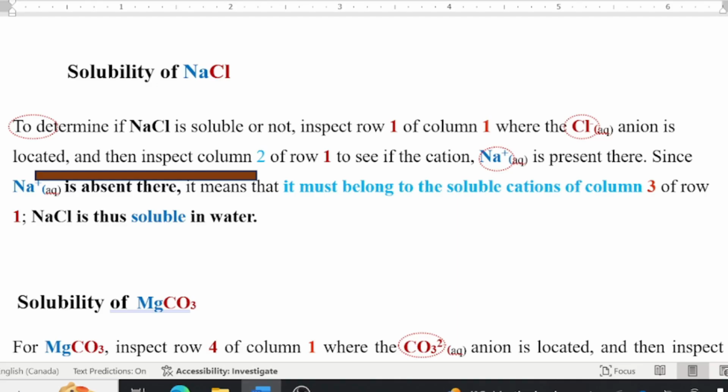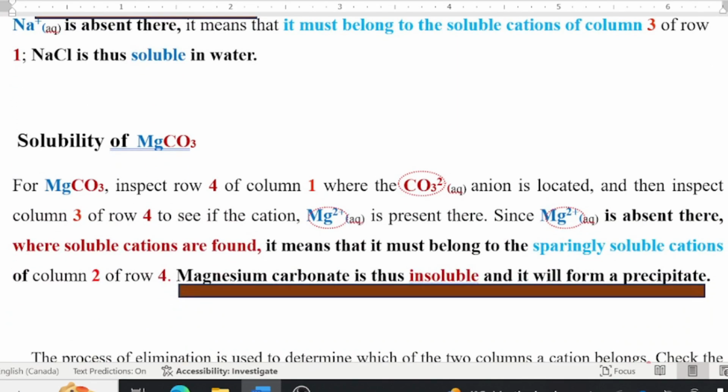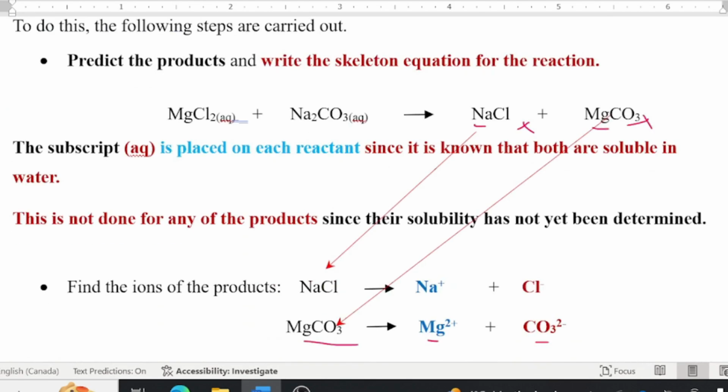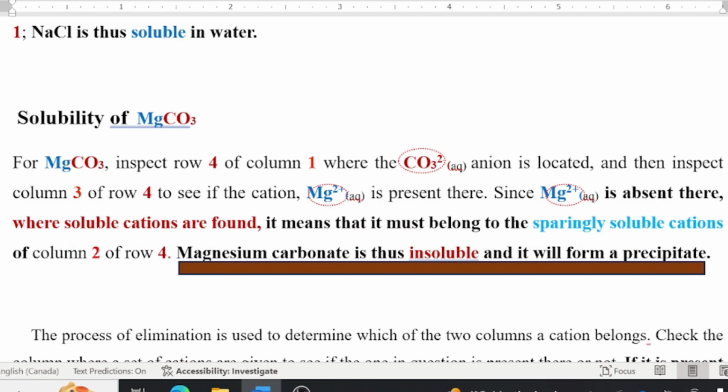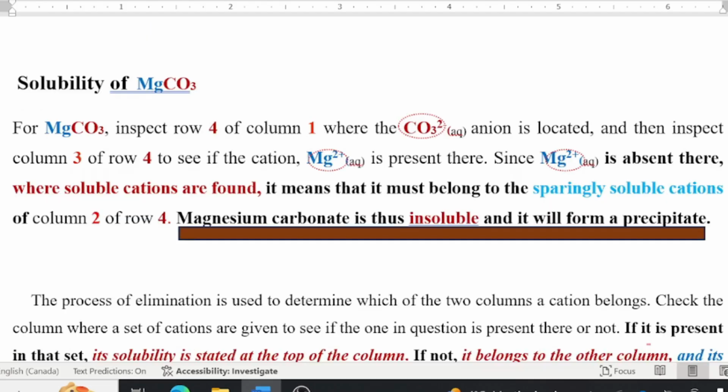And we determine magnesium carbonate, same thing. Inspect row 4, column 1 where carbonate is located. Then inspect column 3 of row 4 to see if magnesium is present there. That one must be insoluble in water. So magnesium carbonate is thus insoluble in water and it will form a precipitate.